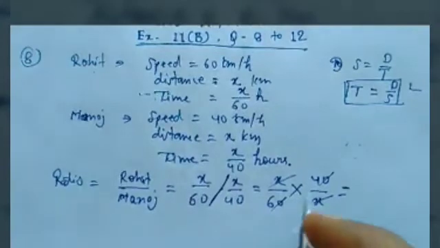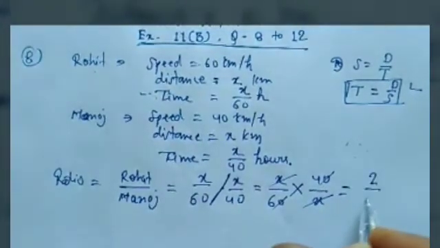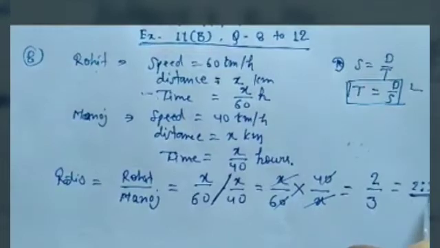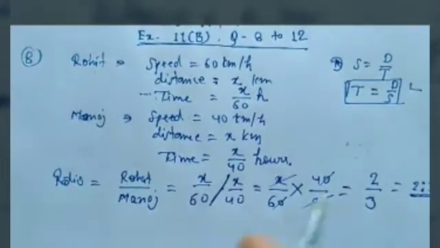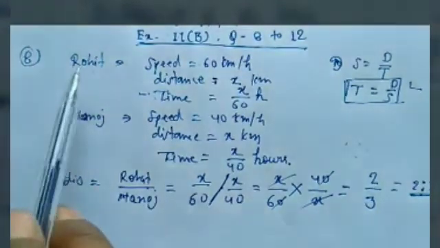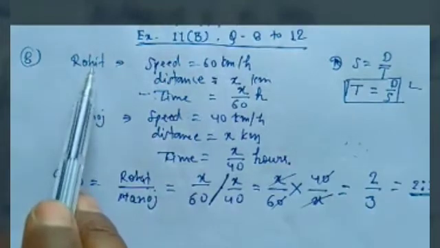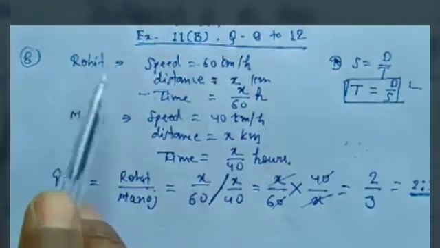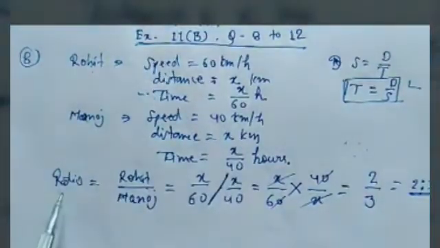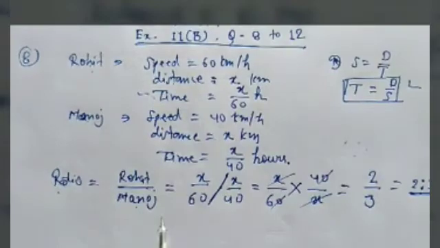Both the numbers can be cancelled by 2. 2 2s are 4, 2 3s are 6. It means this is 2 ratio 3. This is the ratio between time taken by Rohit to time taken by Manoj. In this question, first of all, find out the time taken by Rohit to cover this distance, time taken by Manoj to cover this distance, then find out the ratio Rohit to Manoj. This will be the complete process for that question.